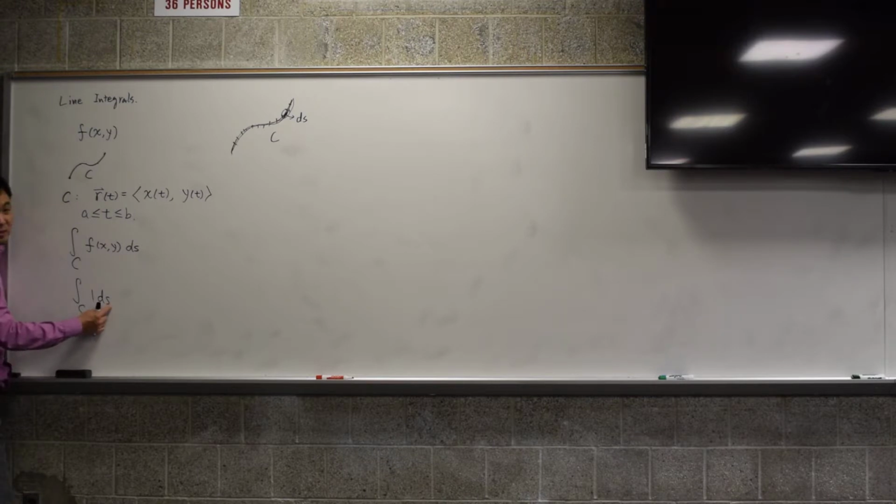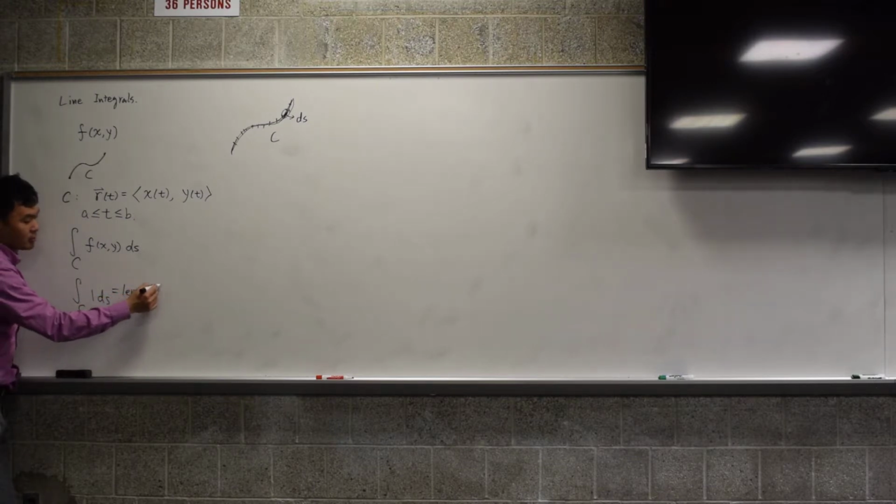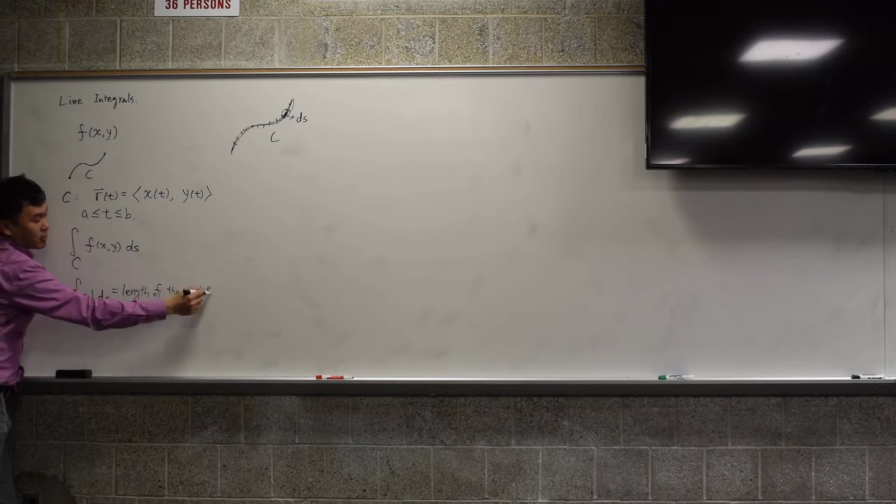What is ds again? A small segment, the length of that small segment. Okay. And we add them up. What will we get? The length of the whole wire. Okay, this will give you the length of the curve.